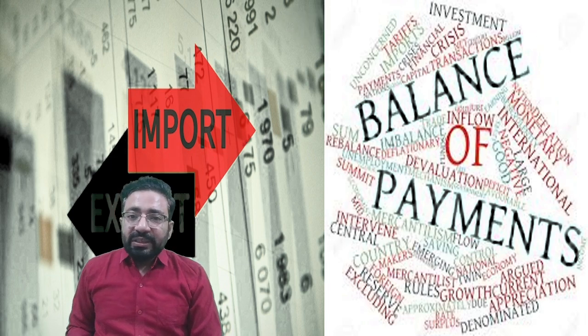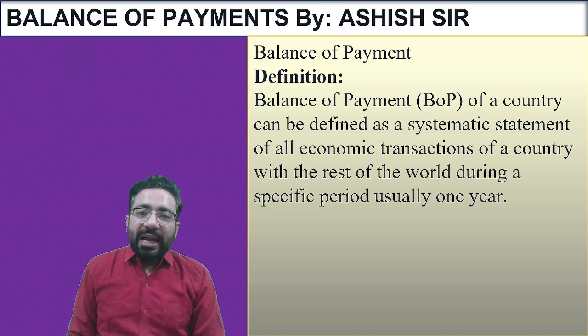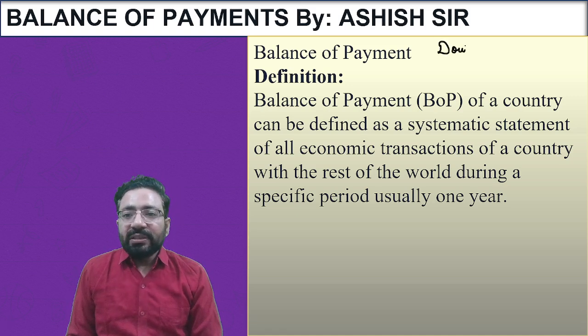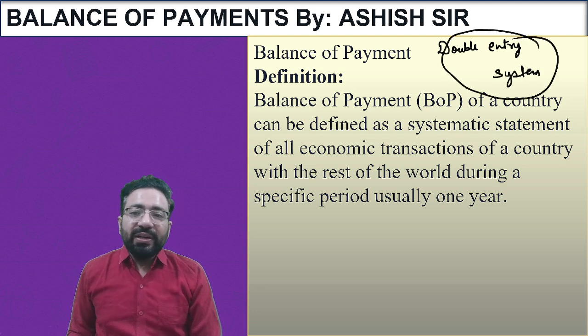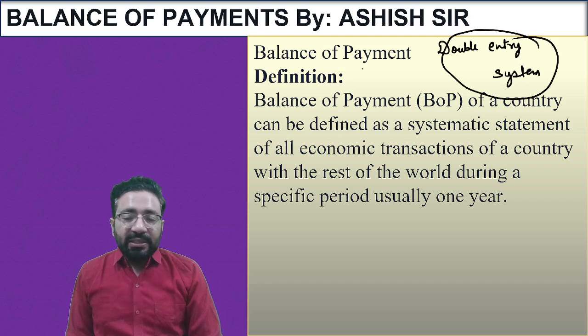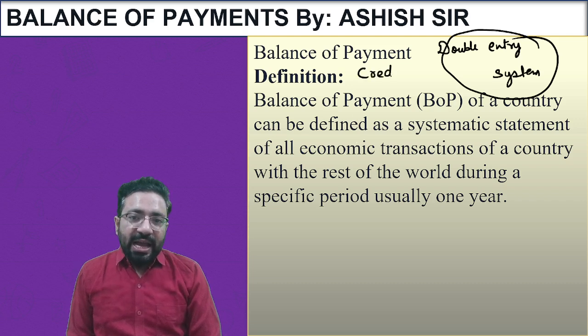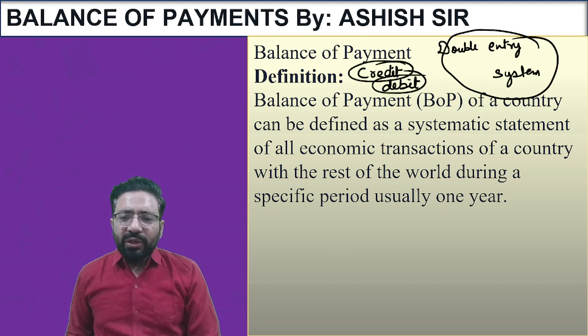First of all, it's a systematic record and it's a double entry system. You know about the double entry system? A system that records both sides of a transaction, that means credit and debit. So credit and debit. What is credit?